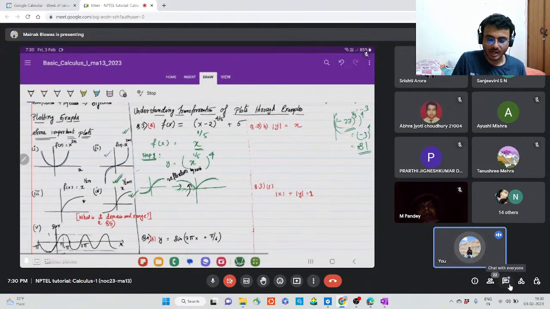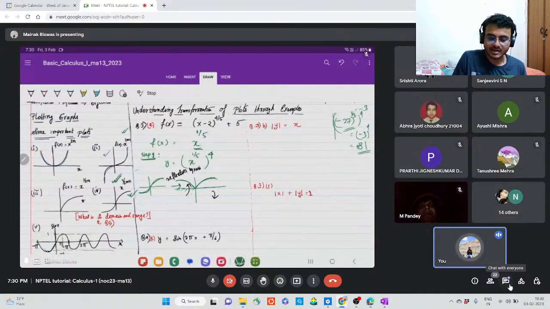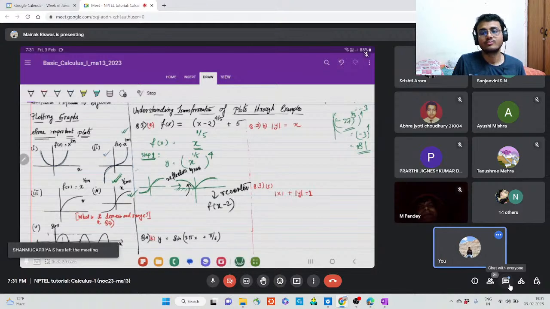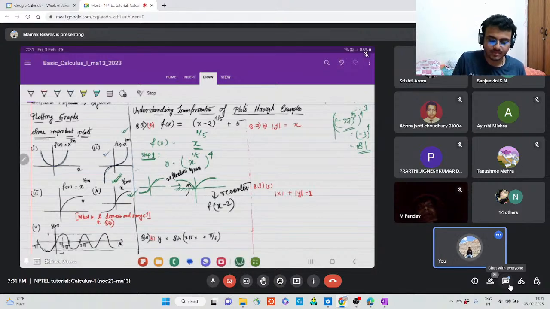Step 3. What do I do now? Now I transform this, I recenter it. This is called recentering, where I say f of x minus 2. So if I write a function f of x minus 2, what will happen? What will be the new 0 of the function? What will be the new f of 0? 2.